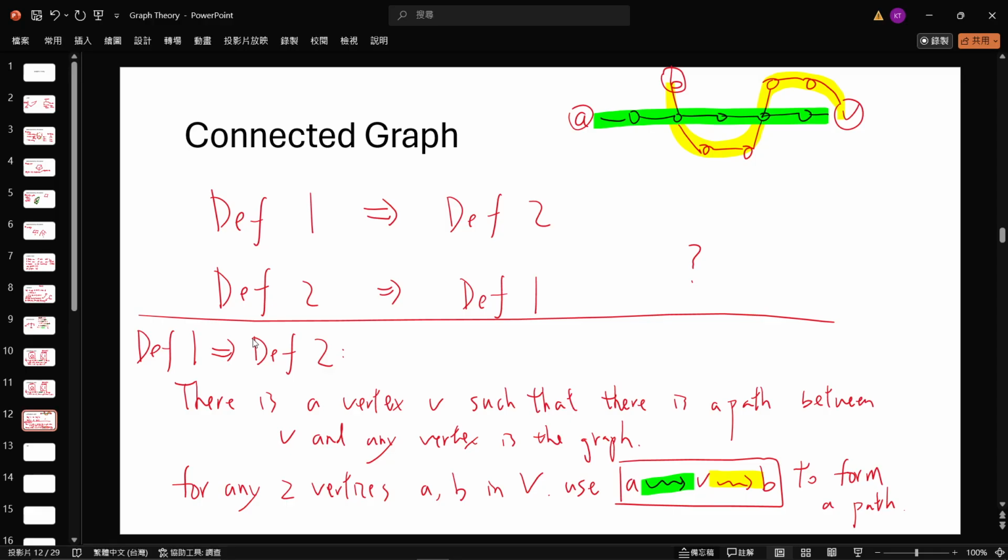Because then I'll visit this twice, which means there's a cycle or a loop on the way to reach the final destination. So we do not allow loops in a path. We do not allow cycles in a path, okay? So every vertex can only be visited at most once. You cannot visit twice or more. So this is not a path.